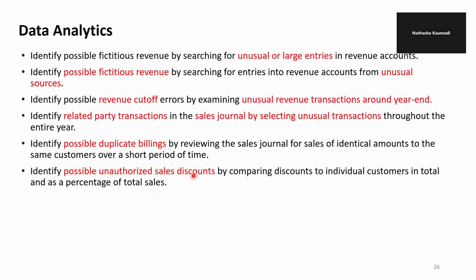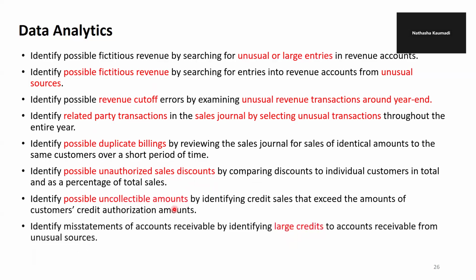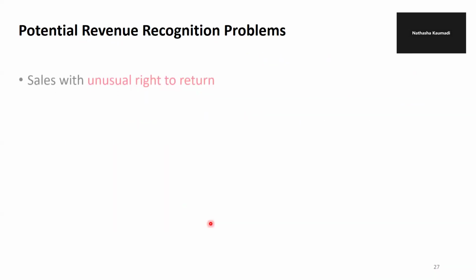Likewise, then they can capture unusual or unauthorized discounts given. Possible uncollectible amounts, they can analyze the past trend of getting the balances collected from these customers. So based on their past behavior, these analytical software can predict the uncollectible amounts in future, right? Large credit balances, likewise, you can compare and identify these things.